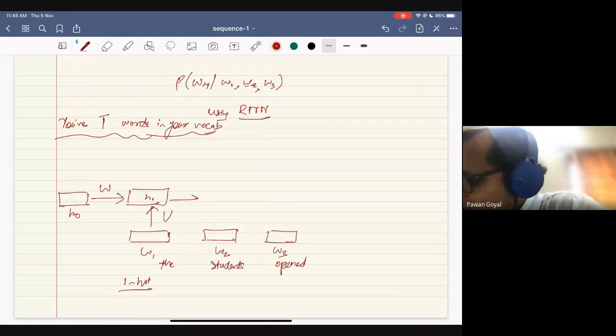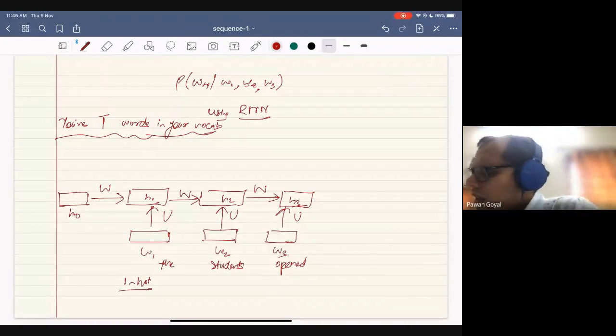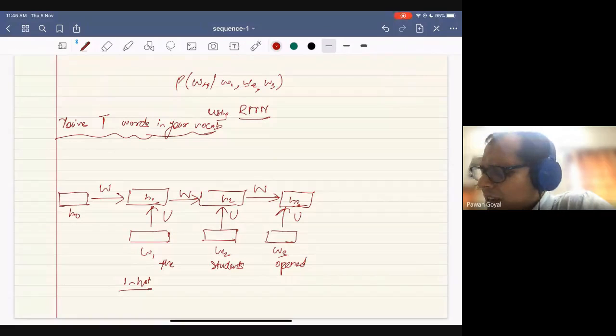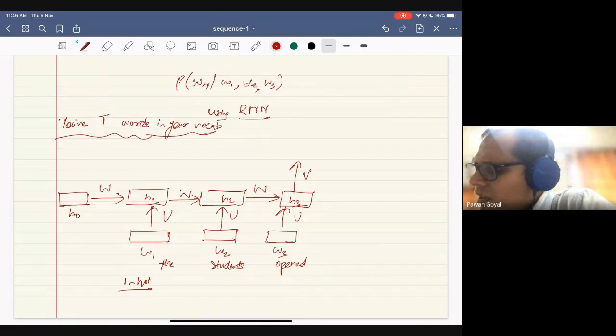And then I keep on doing that, apply the same U and W. I go to H2 and apply W and U, go to H3. At H3, I now have a matrix that takes me to the classification task.